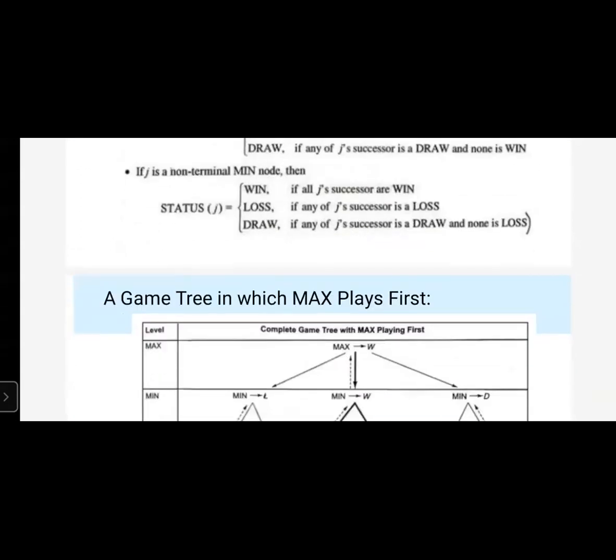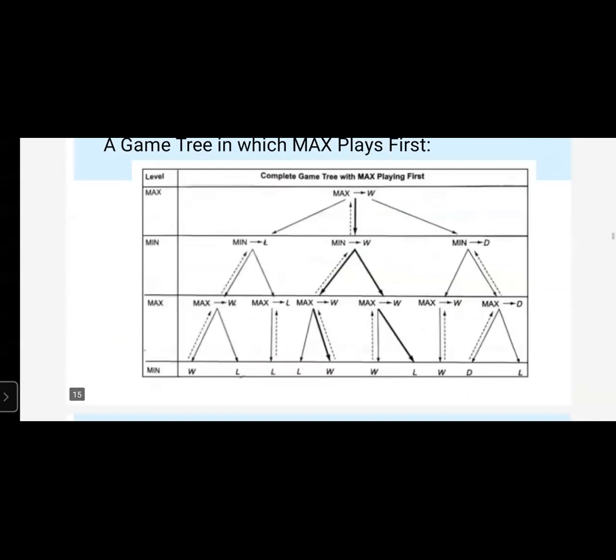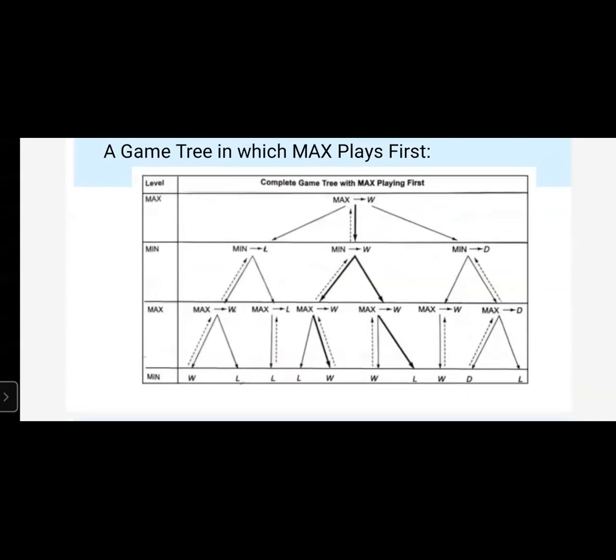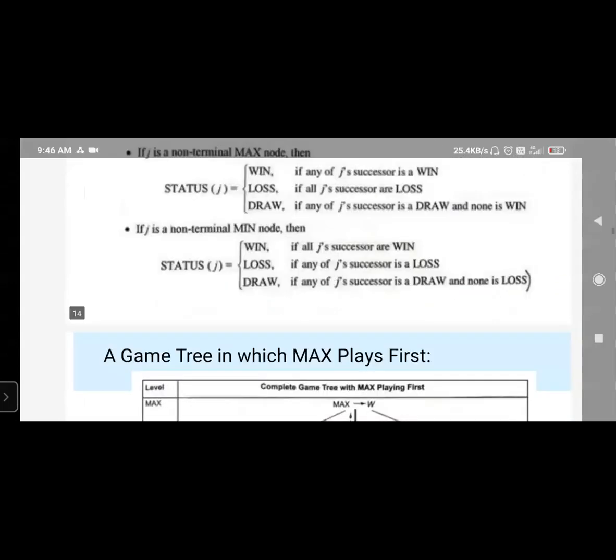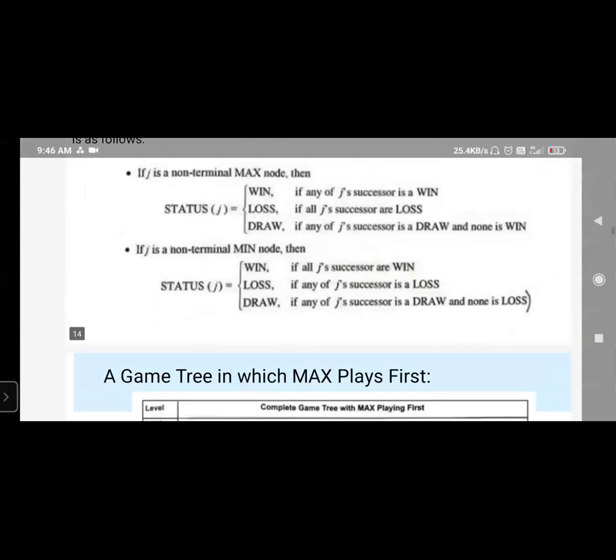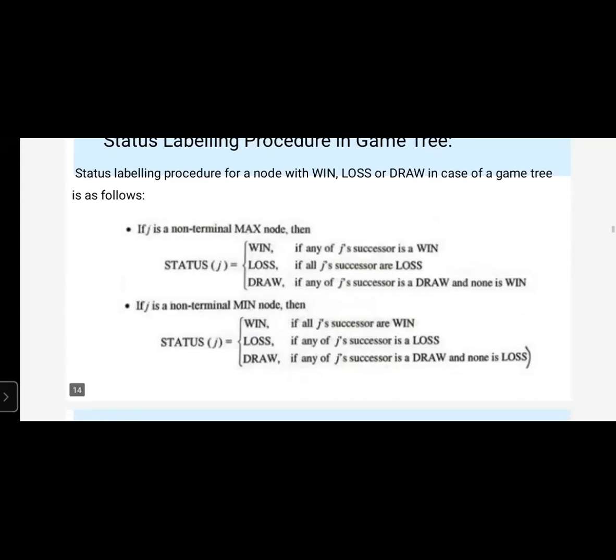Okay. So this is the game tree. So when does max win, or when does max lose, or draw? These are the representations. If J is a non-terminal max node, then this is how we represent the status.